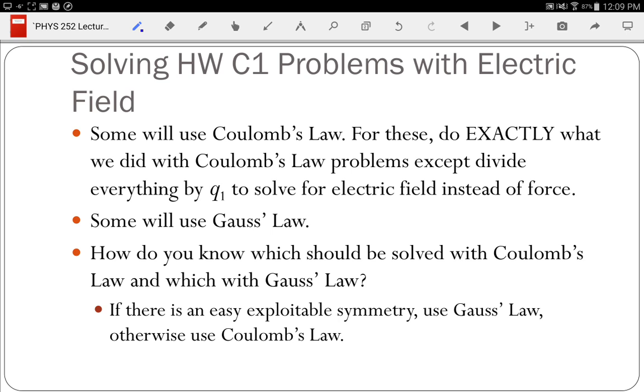If you don't have an exploitable symmetry, it's going to be harder using Gauss's law, so use Coulomb's law. So Coulomb's law is the easier one for some generic random distribution of charges, but for something that has a nice symmetry, and I will define what makes it a nice symmetry, Gauss's law will be the easiest one to use. So use Gauss's law when it's easier. Don't kill yourself when it can be easy.